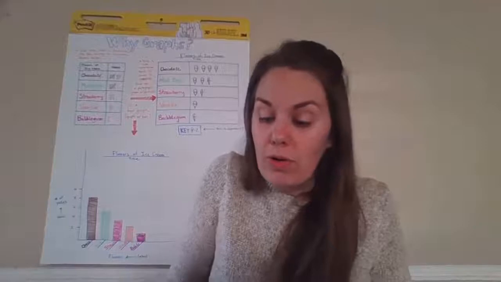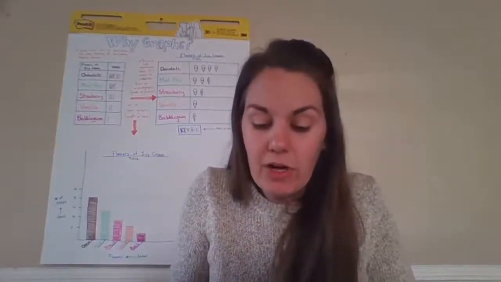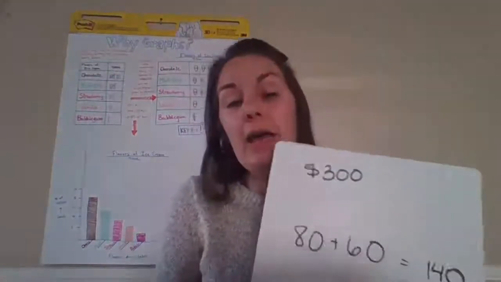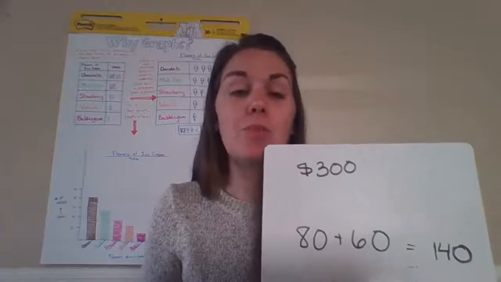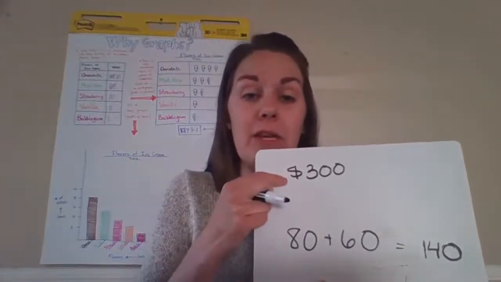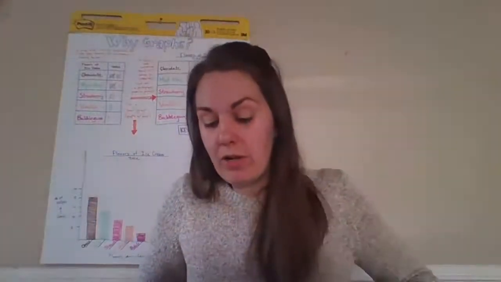Now, their goal is to get $300 together. And what we're trying to figure out is how much more money they would need to reach that goal. So we know that together they have $140 already.